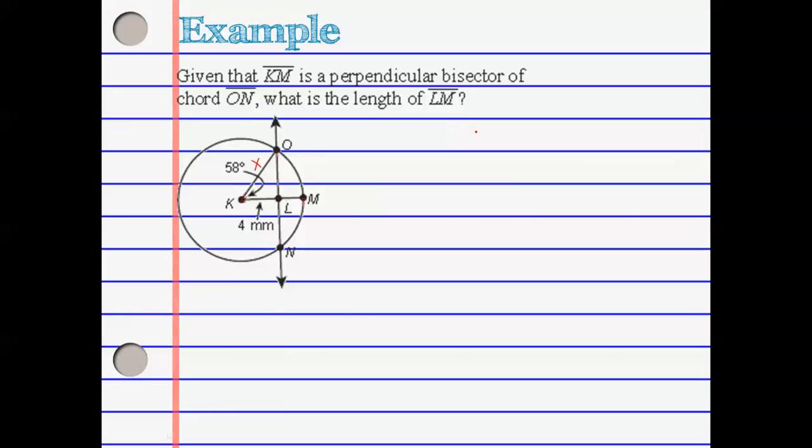Again, let's write up how we remember this, SOHCAHTOA. Now looking at angle K, we have an adjacent side, next to it, and we have a hypotenuse. If we have an adjacent and a hypotenuse, we're going to use cosine. So we can write the cosine of 58 equals the adjacent over the hypotenuse, so that's 4 over x.